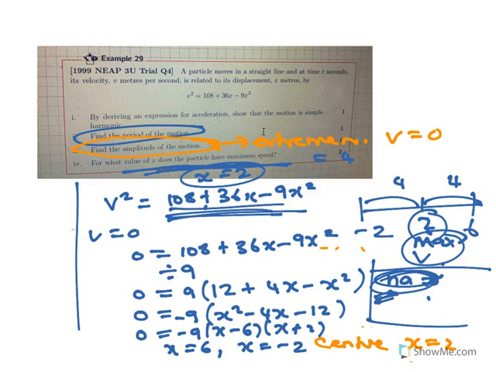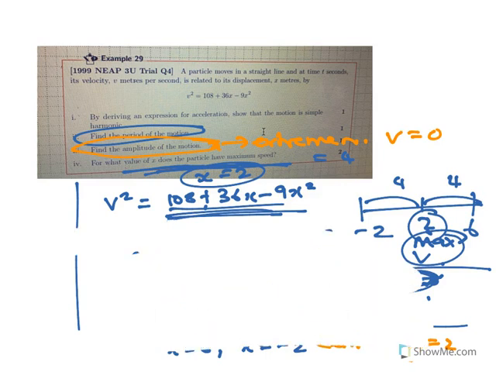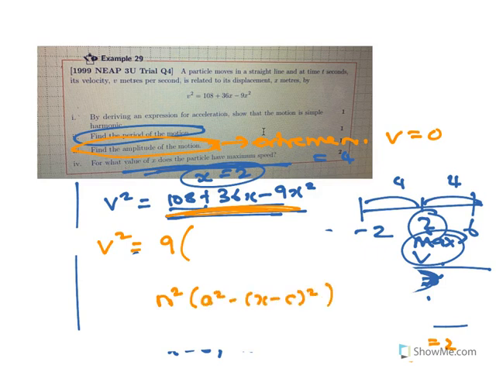Now, I just want to show you an alternate way of doing this. If you can get this thing here and you want to find information, you can put it into the form of n squared times a squared minus x minus c squared. Then you can read a whole lot of stuff off from this as well. So if you take the 9 out, you get 12 plus 4x minus x squared.